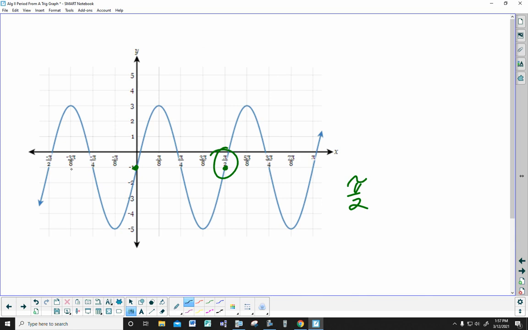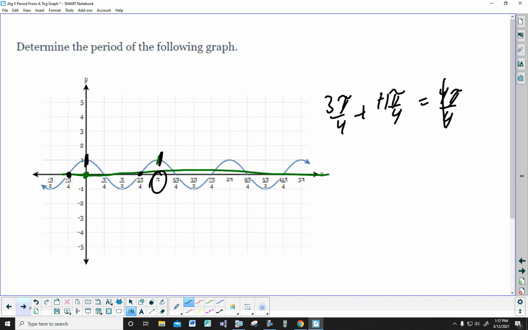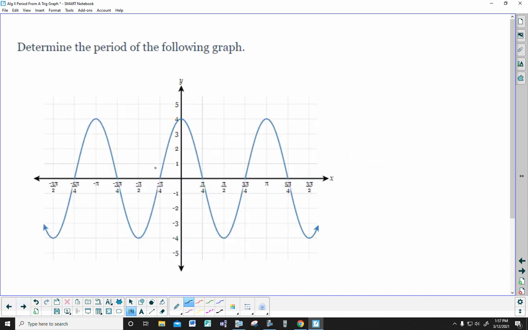The midline was right here. It's starting on the y-axis. The peaks aren't starting on the y-axis. So that's when it's easier to use one versus the other. It's starting on the y-axis. What's that distance? Pi. So the period is pi.